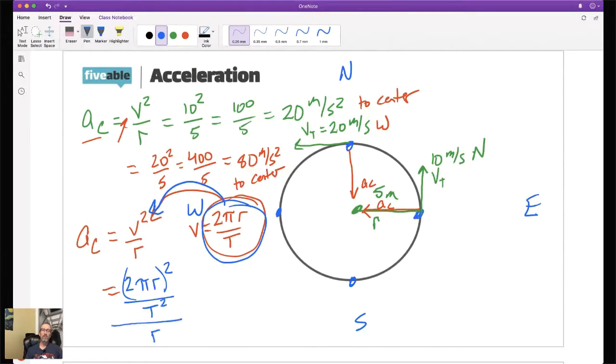Now I'm going to go ahead and square everything on the inside. So this is equal to 2 squared pi squared r squared over t squared, over r. I can get rid of 1, 2. I can get rid of the r. And now I'm left with 4 pi squared r over t squared.